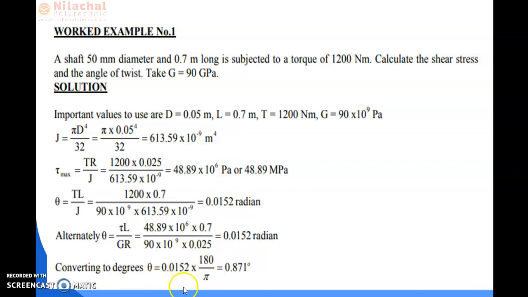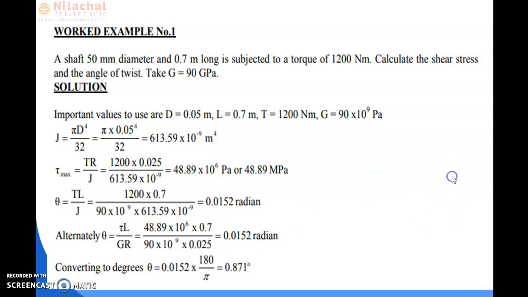By solving this, we get the value of theta in degrees as 0.871 degree. So we got the value of shear stress, and now we got the twisting angle value also. So now this problem is solved.